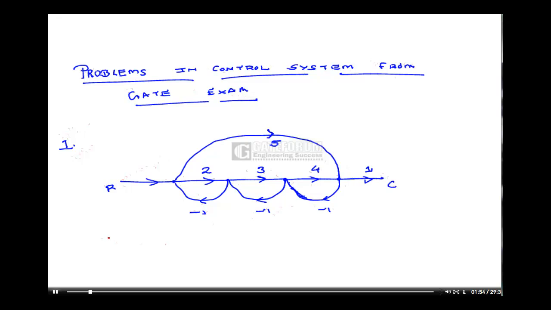For this signal flow graph, find the gain C by R.